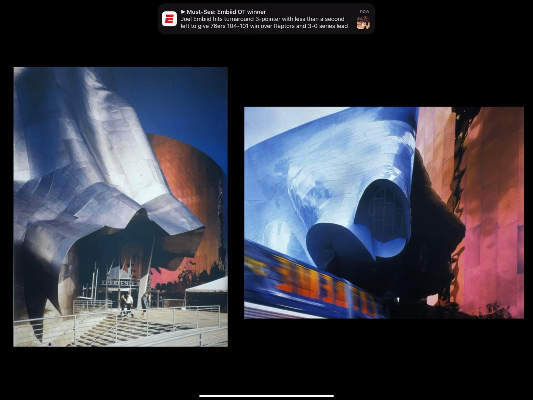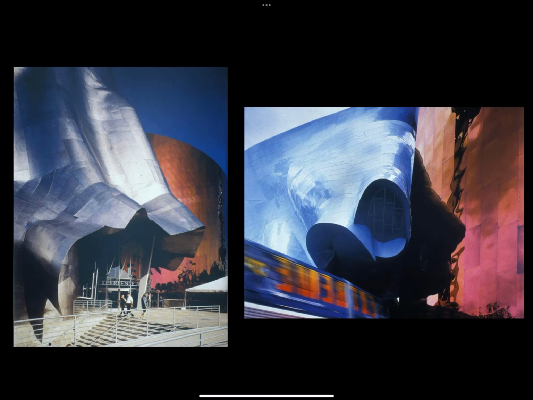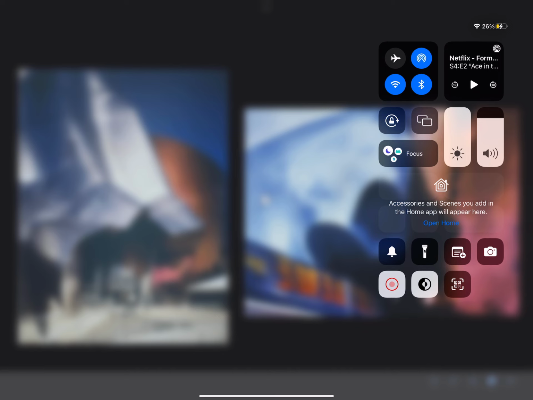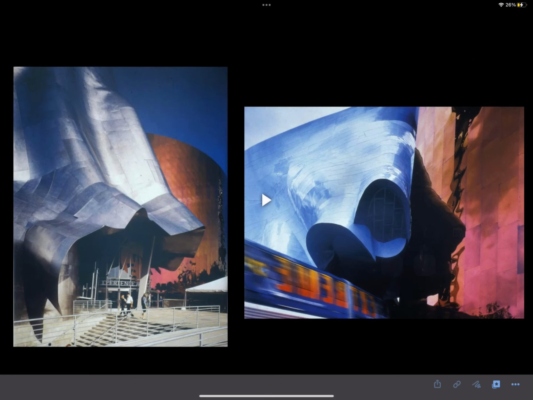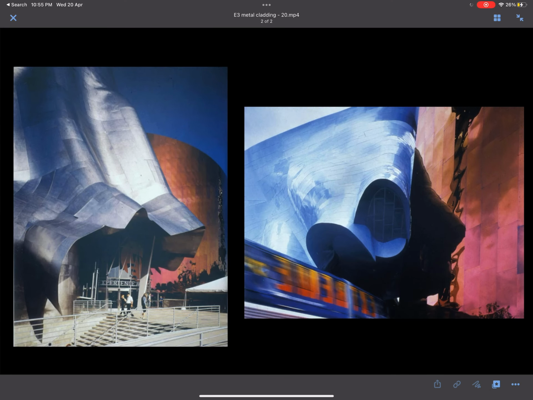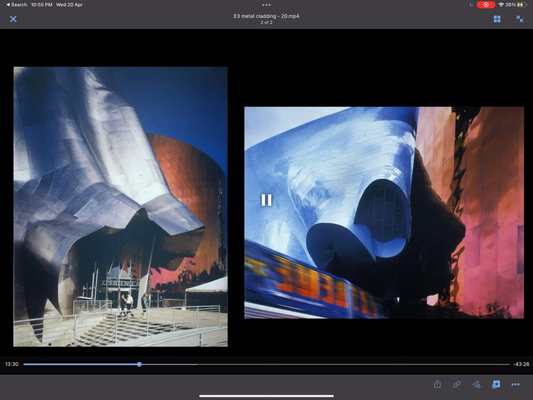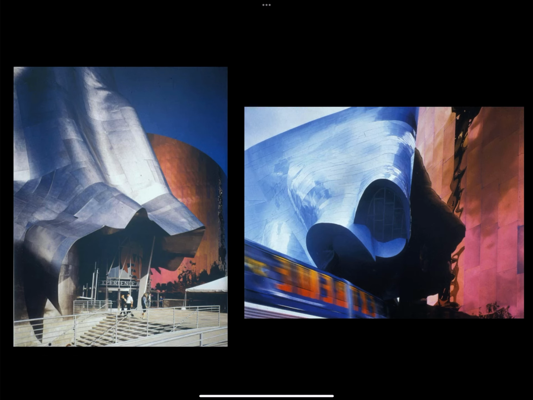When we think about choosing the color for metal cladding, we might have multiple considerations or criteria. One would be aesthetics. What do we want it to look like? Two is cost. How expensive is it? And three, issues related to sustainability.